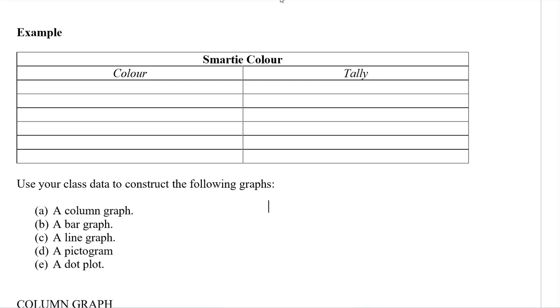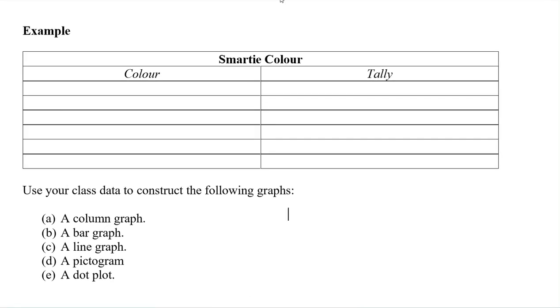Okay, so everyone is going to have slightly different results, but I'm going to do it up here with my Skittle packet. The first thing you want to do is list off the colours that you have. So mine are red, then I have green, then orange, then purple, and then yellow.